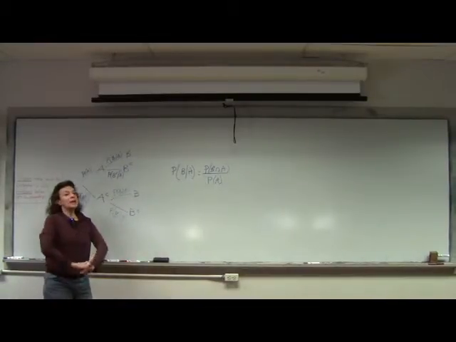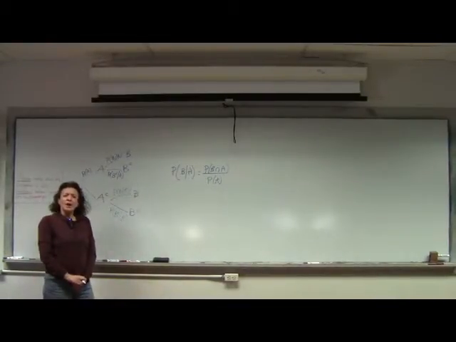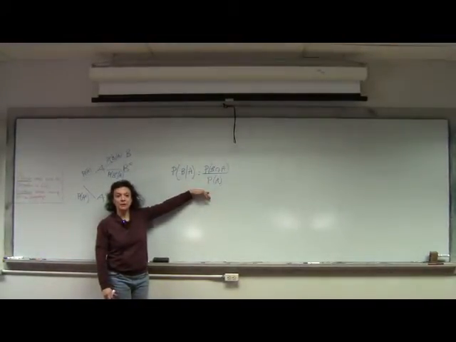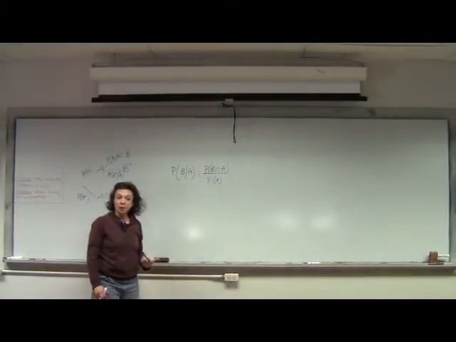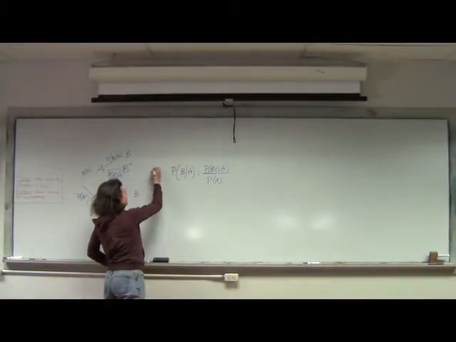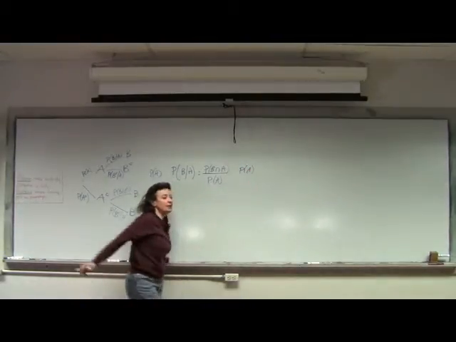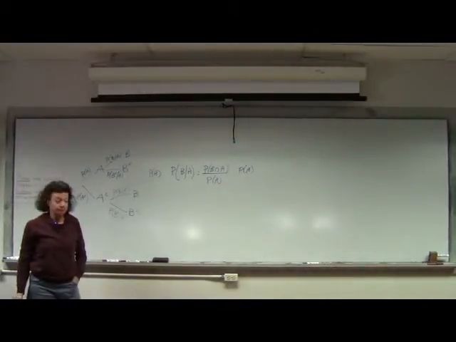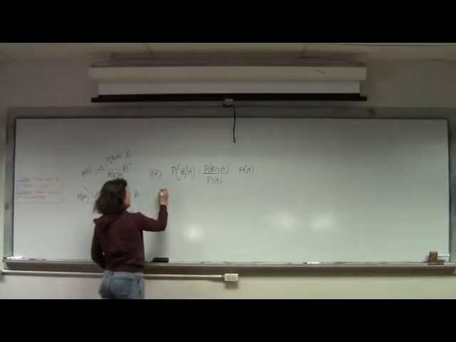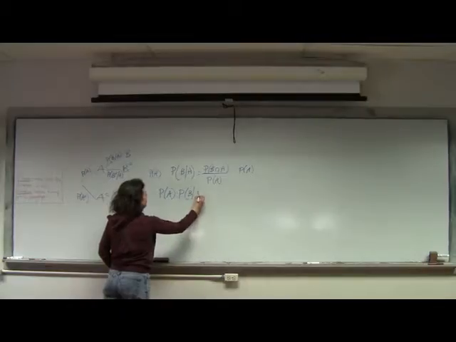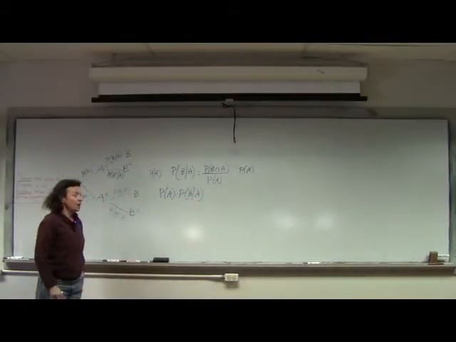Now, I wish we could write that without a denominator. Well, how in mathematics do we get rid of our denominators? We multiply both sides by our denominator. I can multiply on the left by the probability of A and on the right by the probability of A. So on my left, I have the probability of A times the probability of B given that A happened.